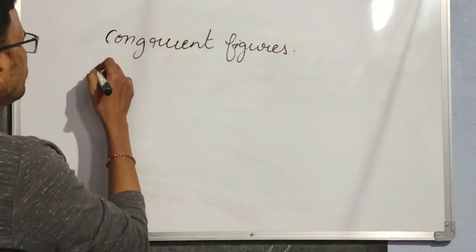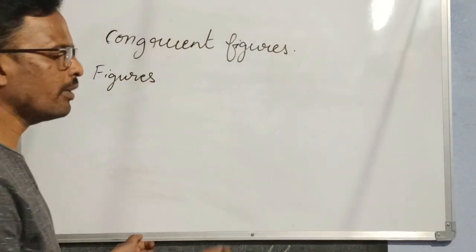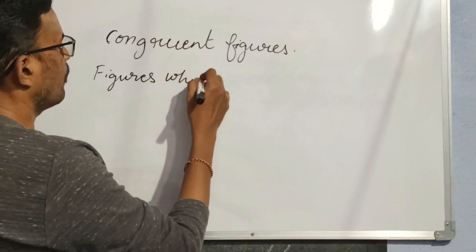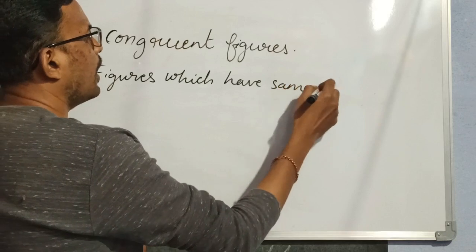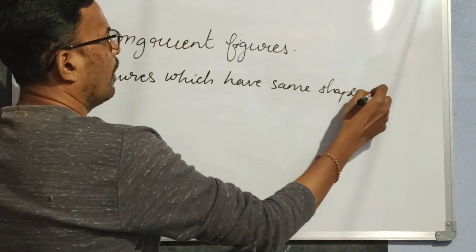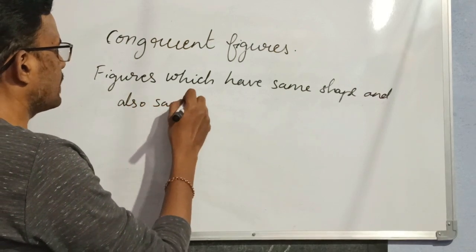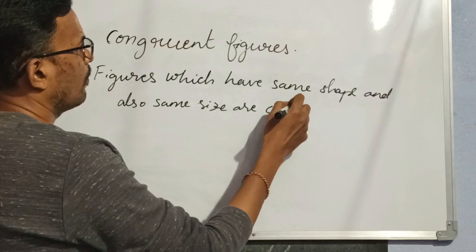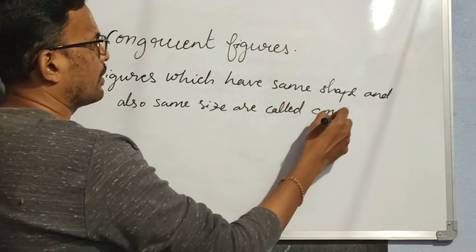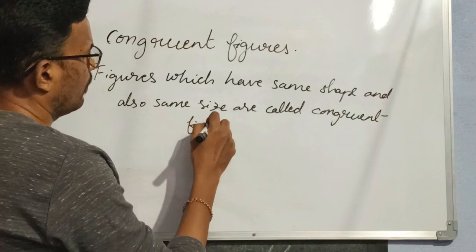Figures are nothing but geometrical figures which have same shape and also same size are called congruent figures.